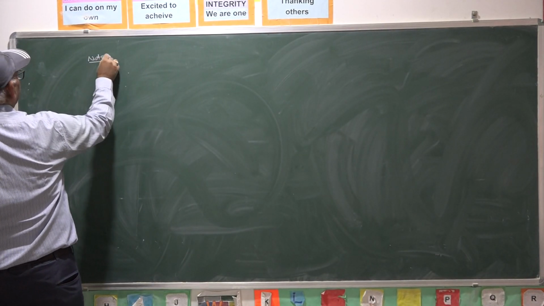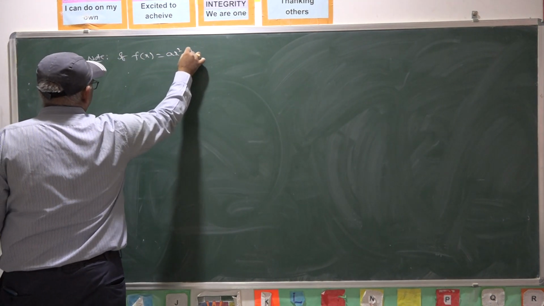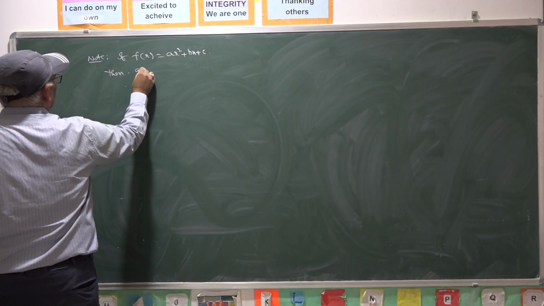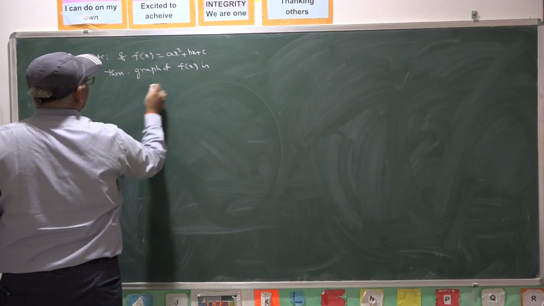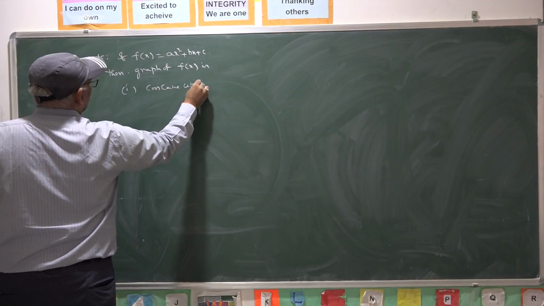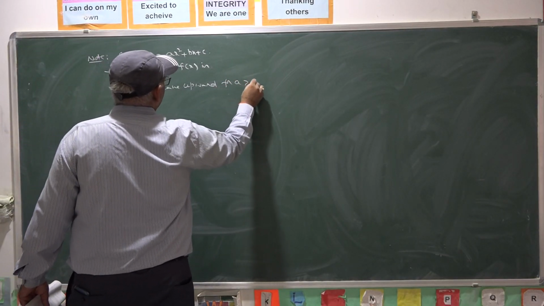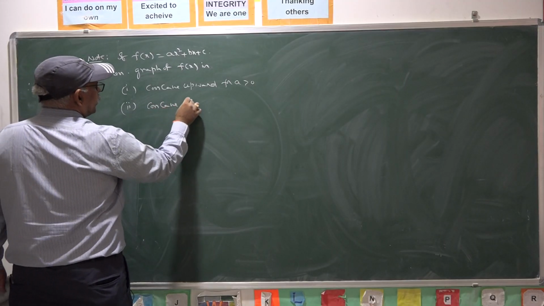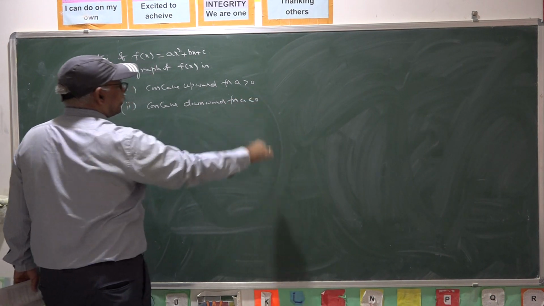Take note of this point. If f(x) equals ax square plus bx plus c, then the graph of f(x) is concave upward for a greater than 0, and concave downward for a less than 0.